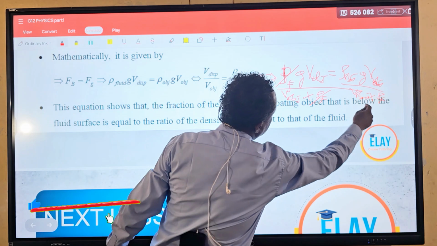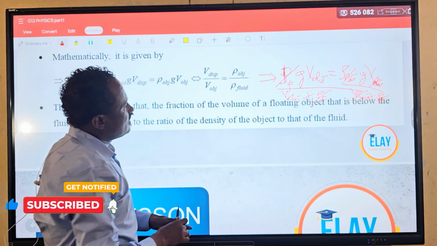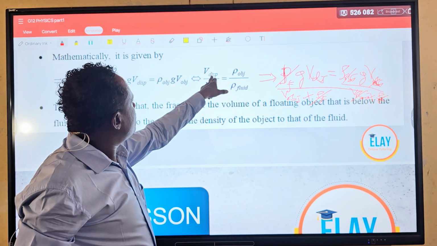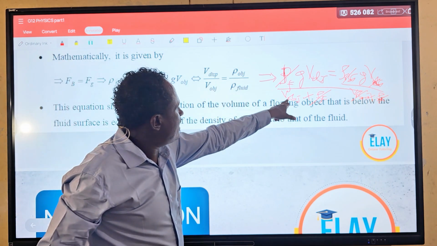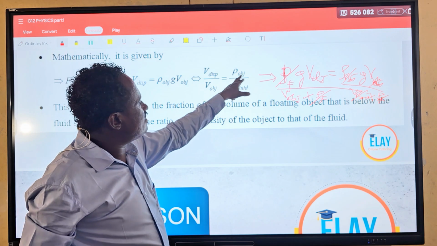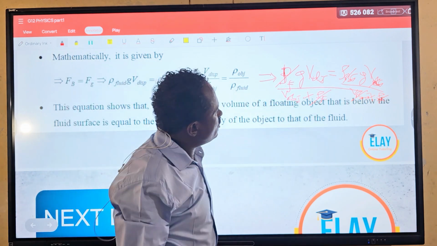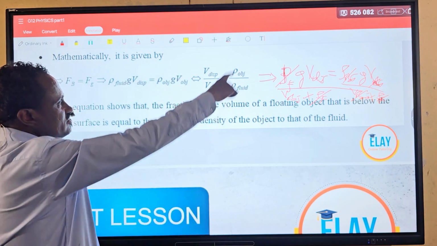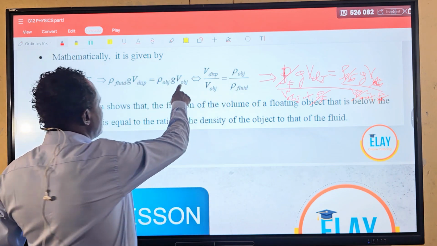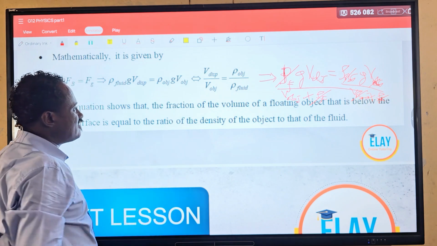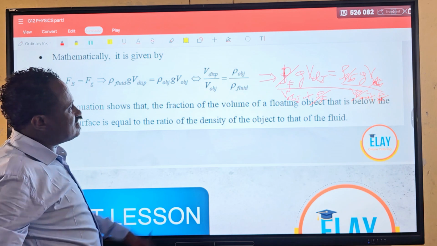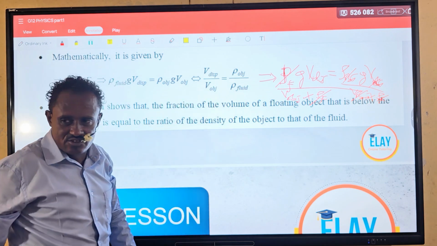Again, from these sides, the volume of the object. Now in these sides, what we have? The volume of the displaced fluid and the volume of the object. In this case, the density of the object over the density of the fluid. The volume is cancelled from one side, and the density is cancelled from the other. So the rest, we can find as these ratios.